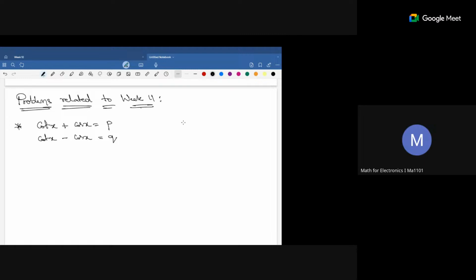Now, let's say you find or give me p square minus q square. Okay. So I think this is the very first question in your graded assignment, right? So you can try solving this, and I will also solve this particular problem in some 5 minutes or 2 minutes.